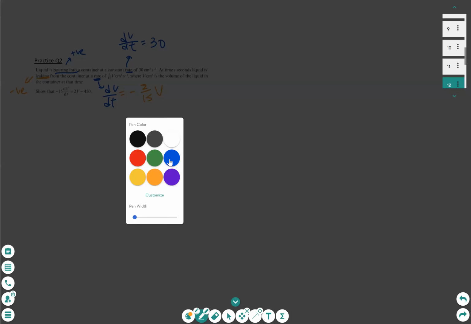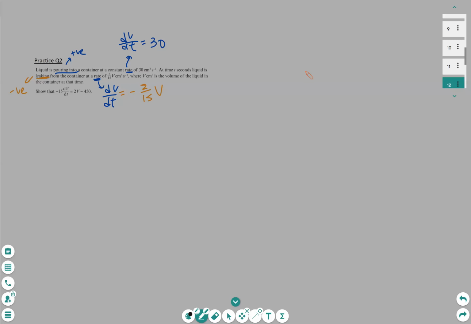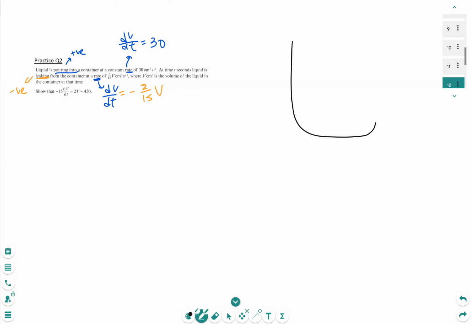So how do we work it out? Well, think of this: here's a cup. Imagine you're pouring, let's say, 25 centimeters cubed per second of liquid. I love Ribena, let's put Ribena in there, or coffee.